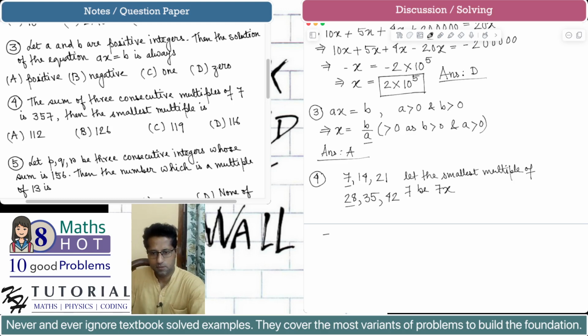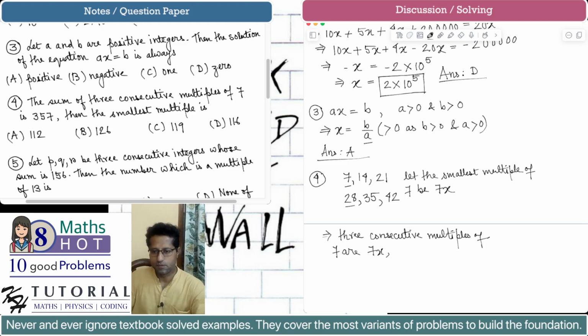So this implies three consecutive multiples of 7 are 7x.